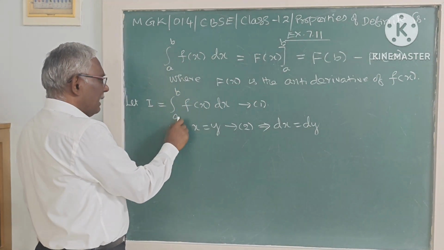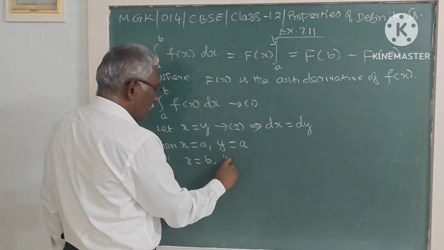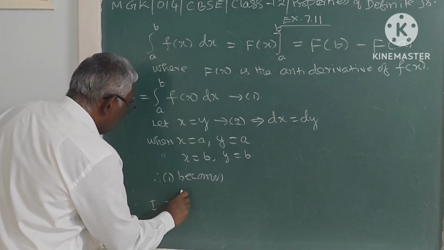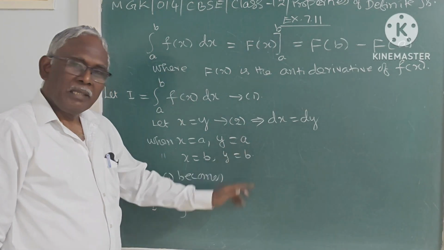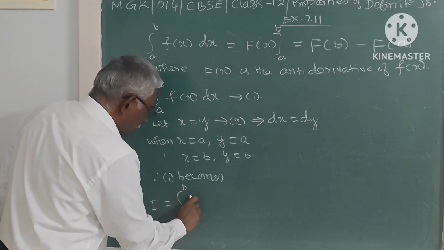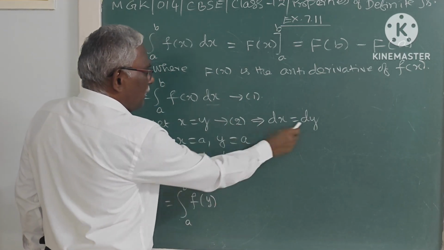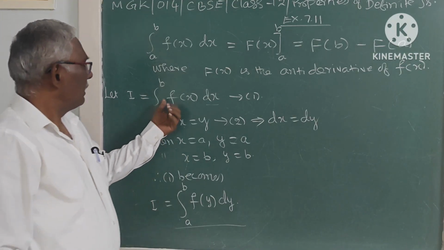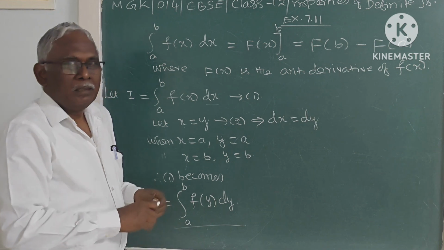When x is a, y is also a, and when x is b, y is also b. So I equals integral as y varies from a to b of f of y dy. Therefore, integral a to b f of x dx is equal to integral a to b f of y dy.